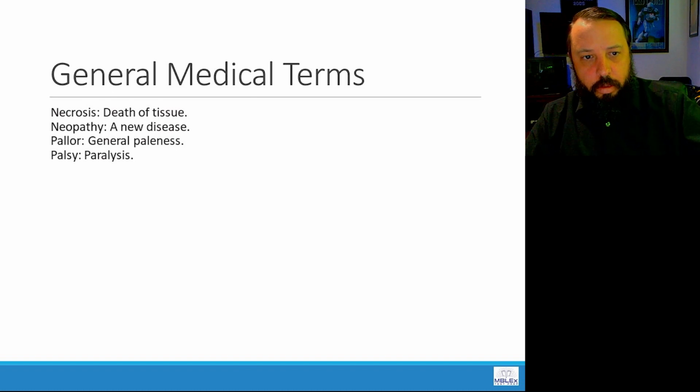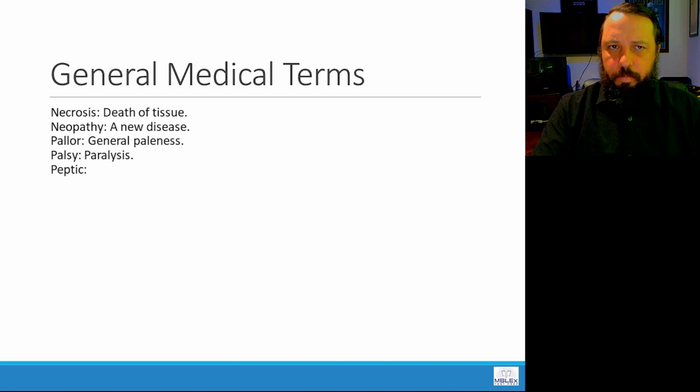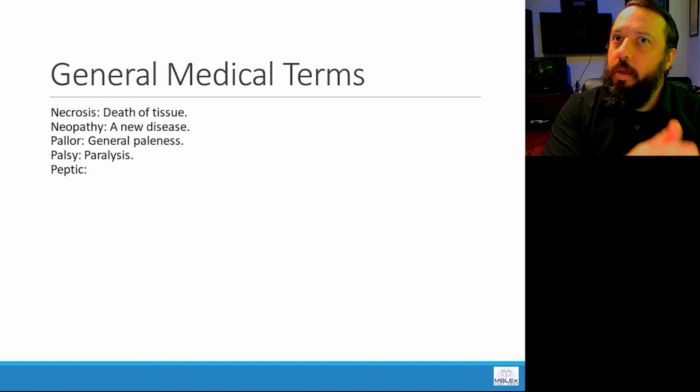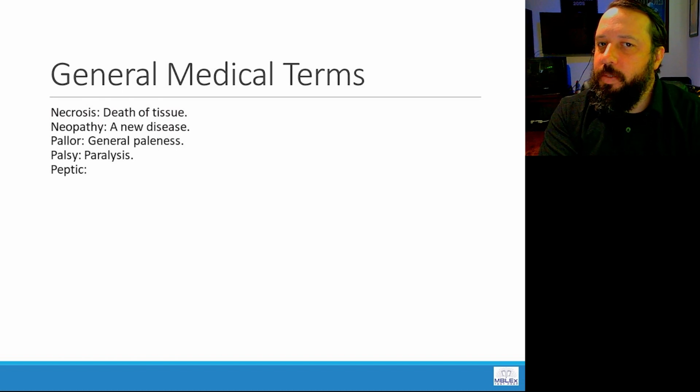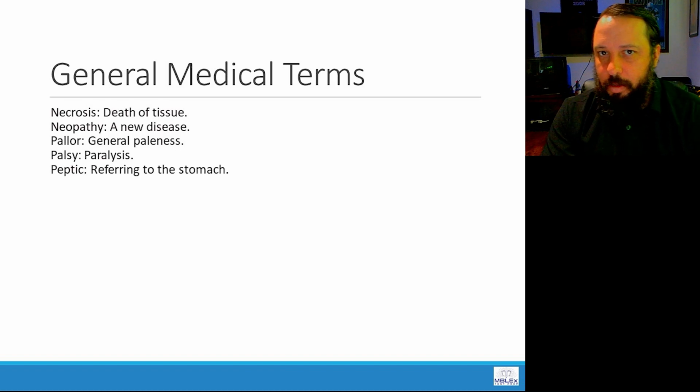Okay. Let's see, peptic. And we see the term peptic, like peptic ulcers. There's a certain acid that helps digest food called pepsin, right? So if we see the term peptic, it's referring to the stomach. So there's something going on with the stomach.